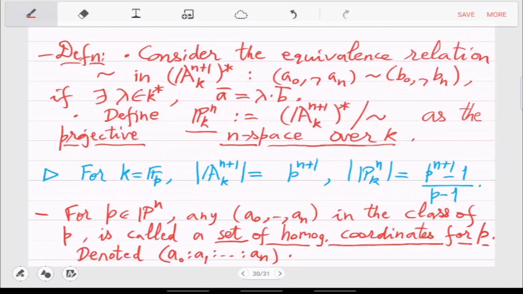So instead of a comma, we use the separator just to signify that here what is important is the ratio. I mean, you can divide each of these Ai's by the same lambda and it will be the same point.